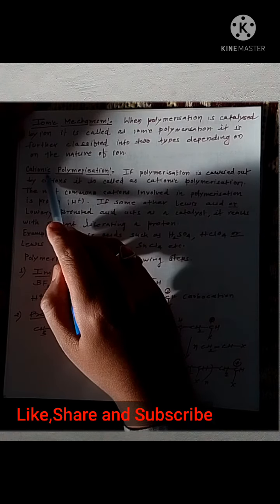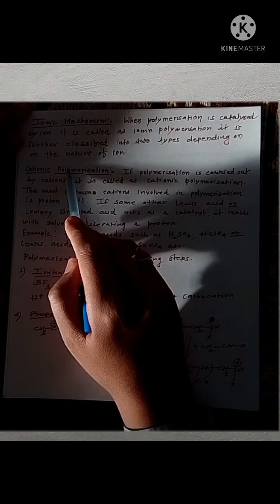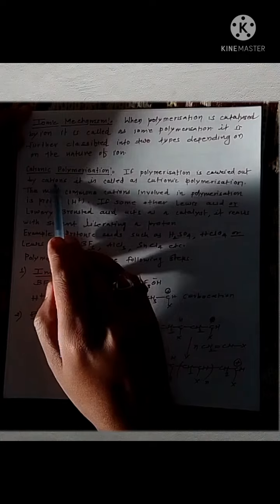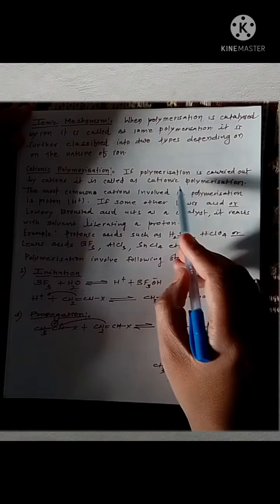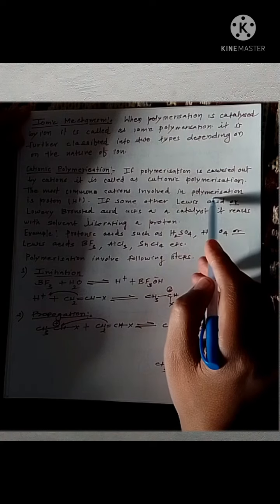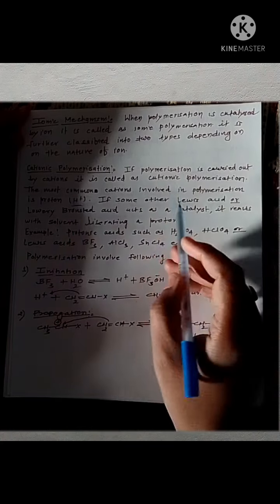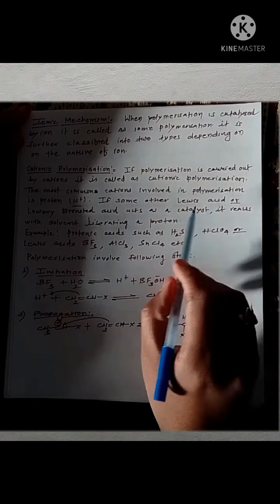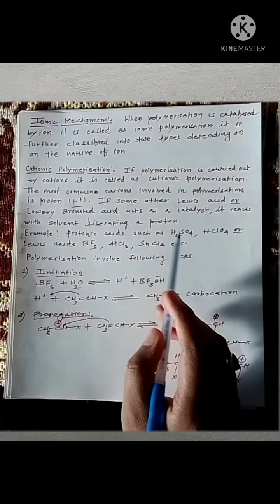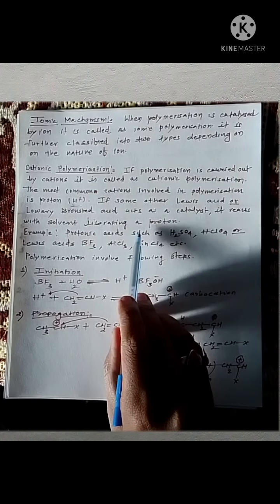Cationic polymerization simply means that when the polymerization process is initiated by cations, it is known as cationic polymerization. The most common cation involved in the polymerization is the H plus ion, that is, the proton. If some other Lewis acid or Bronsted acid acts as a catalyst, it reacts first with your solvent, liberating a proton.